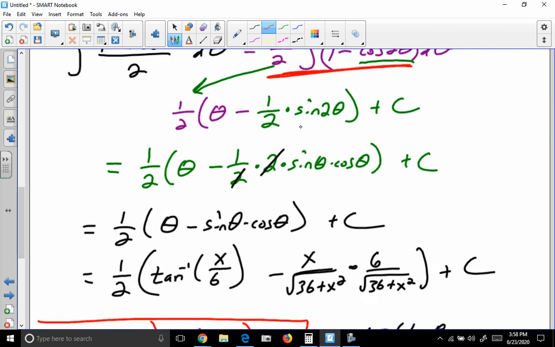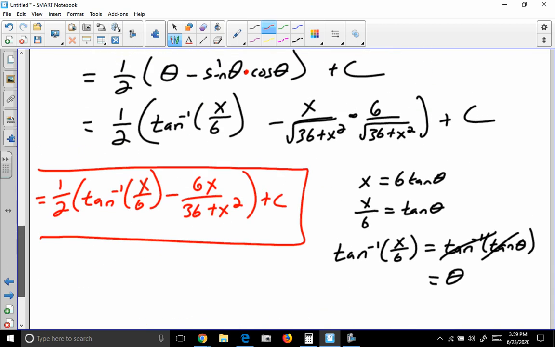Then once we integrated it, our integral was in terms of the wrong variable. It was in terms of 2 theta. We need it in terms of 1 theta. So these are all identities that you're going to have available for the test. You're not going to have to memorize every single one of these. But do be used to how these are used.